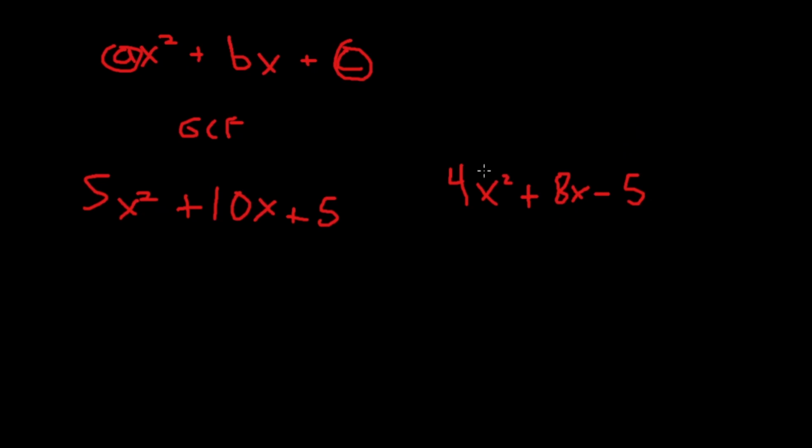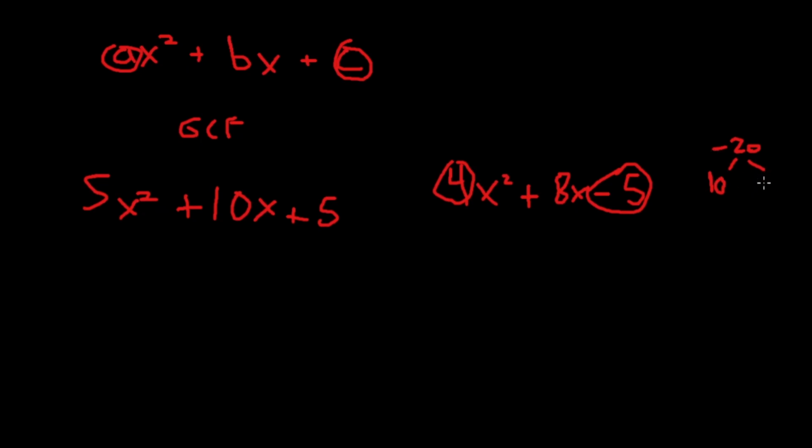What we're going to do is we're still going to do A times C, right? C includes the sign. So 4 times negative 5 is negative 20, right? So now what adds to 8 and multiplies to negative 20? Oh yeah.